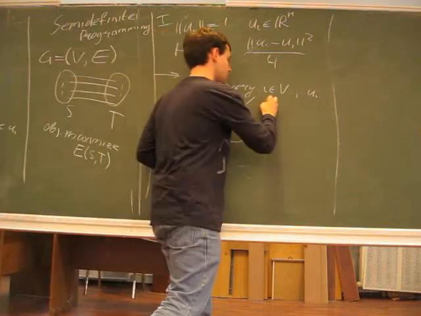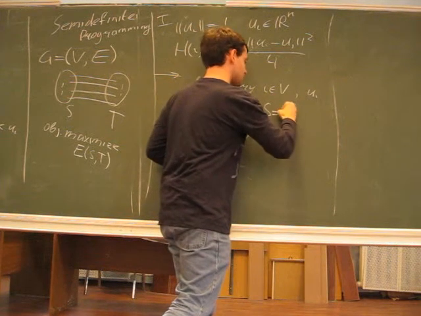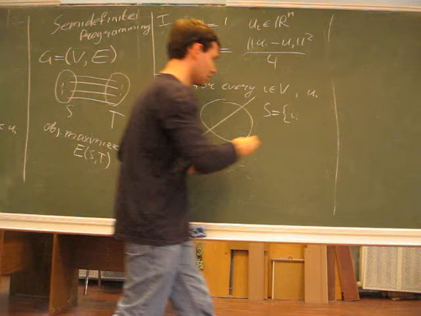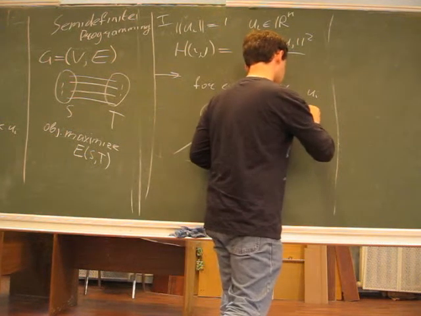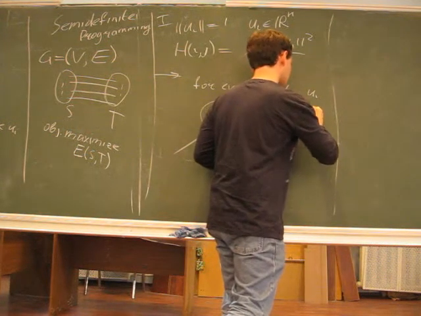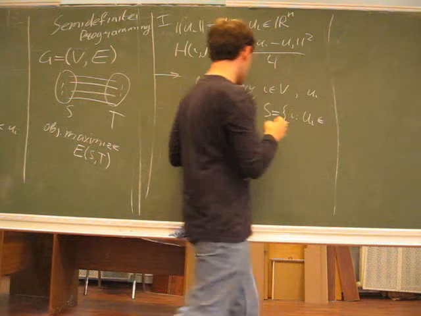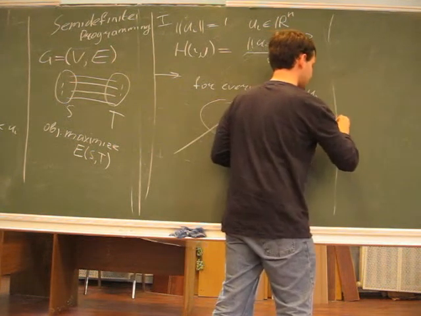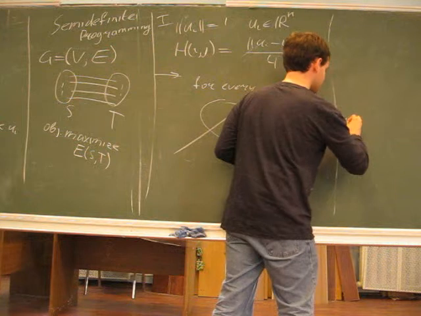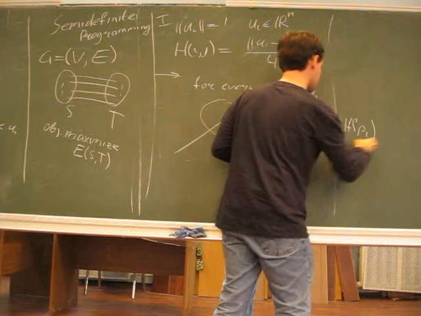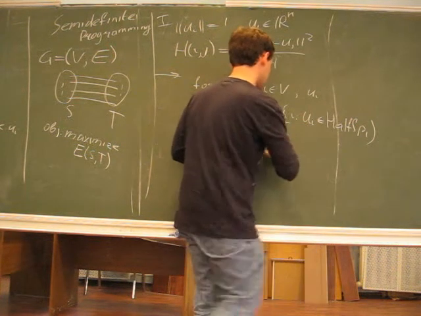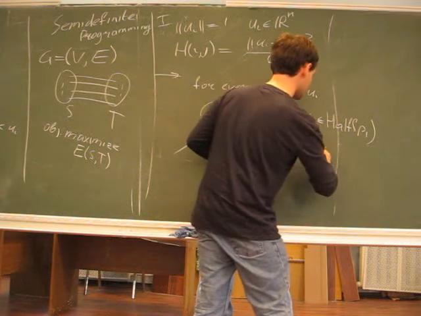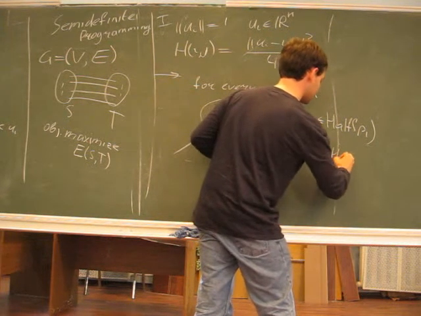Let S consist of those vertices for which ui lies in one of these half spaces, denoted half space 1, and let T consist of those vertices for which ui lies in the other half space.